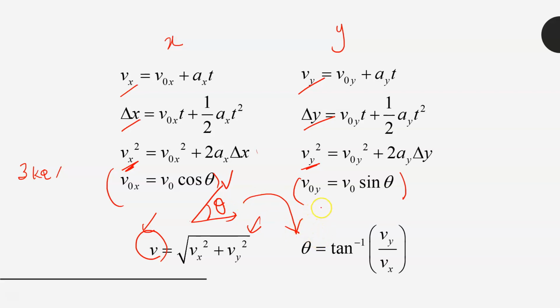This formula for theta, as you recall, must be used with care, because the inverse tangent function returns values only between negative 90 and positive 90 degrees. So adding 180 degrees is necessary for vectors lying in the second quadrant and the third quadrant.